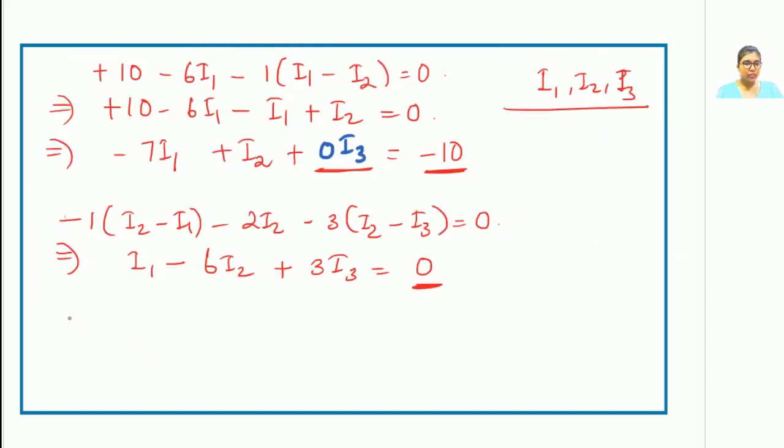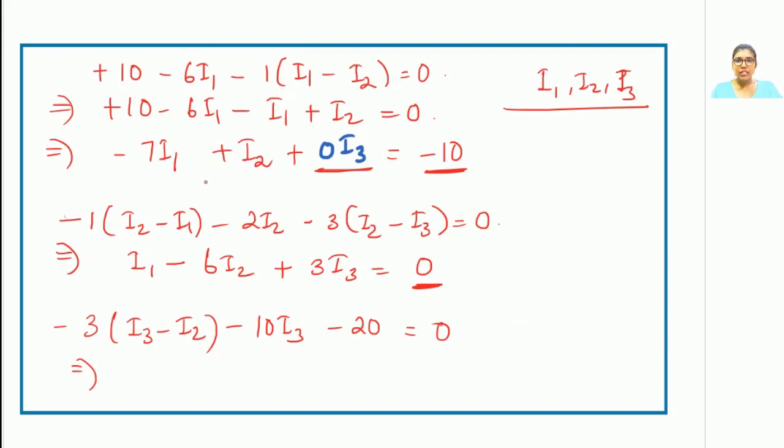Now we're moving on to the last equation. Upon simplifying, look over here. For the first equation, the I3 term was missing. For the last equation, the I1 term is missing. So please make sure either you leave the space blank, because while inserting the values in your calculator, you should know which values are to be inserted for which unknown variables.